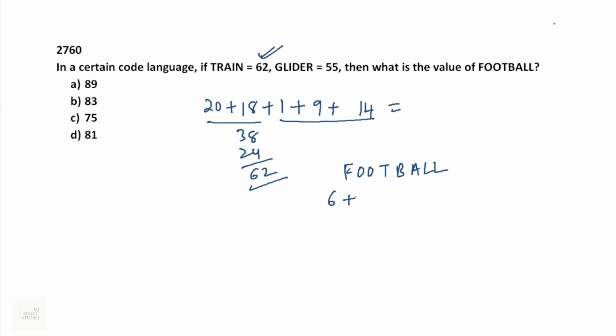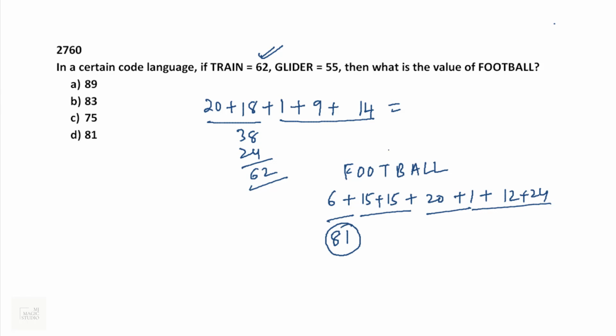F is 6, O is 15, O is 15, T is 20, A is 1, and L is 12. So 45 and 30 is 75, plus 6 is 81. But yes, I missed out B here. B is 2. 81 plus 2 is 83. The answer should be 83. And yes, we have that in option B.